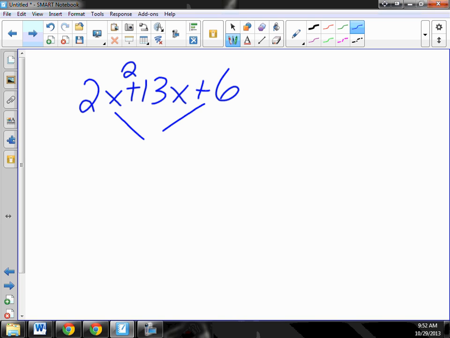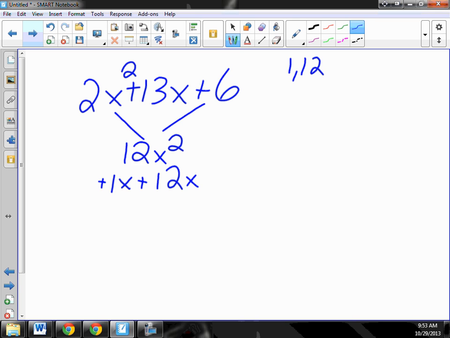Times those together. 12x squared. Now I'm looking for the factors of 12 that add to be 13. 1 and 12. Does that work? Yeah, it works. Good. So 1x plus 12x. Is everybody okay so far?